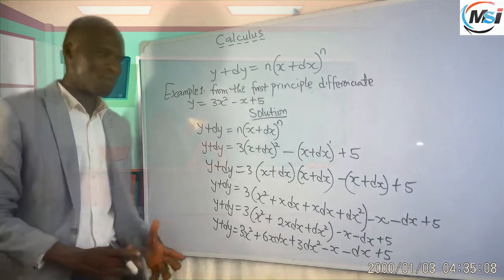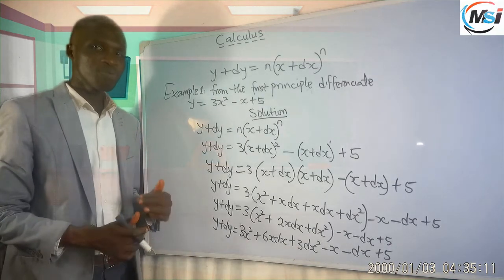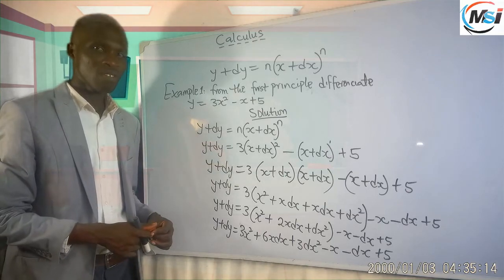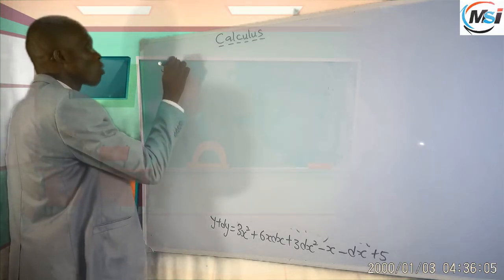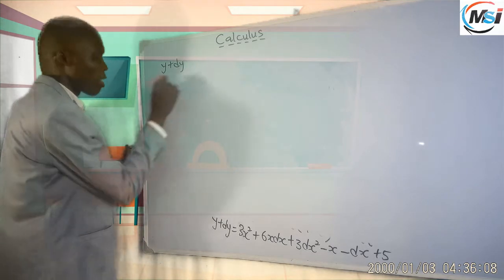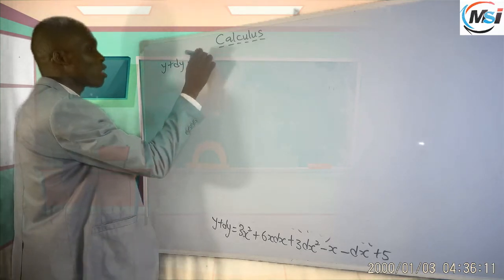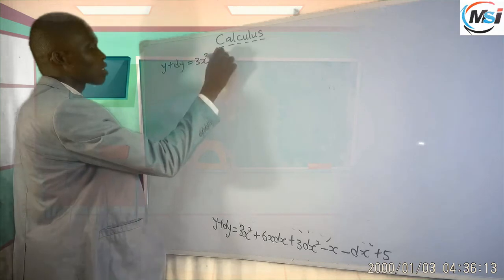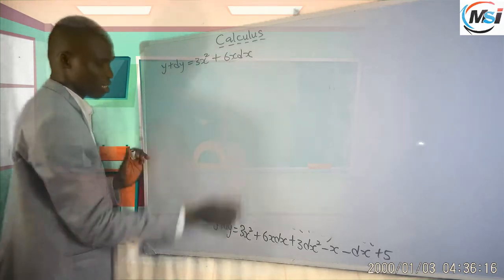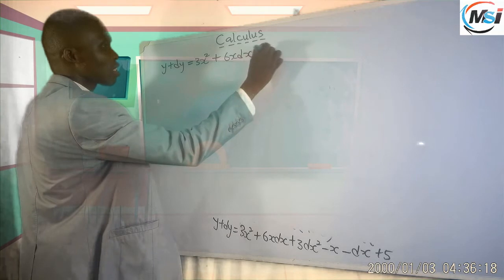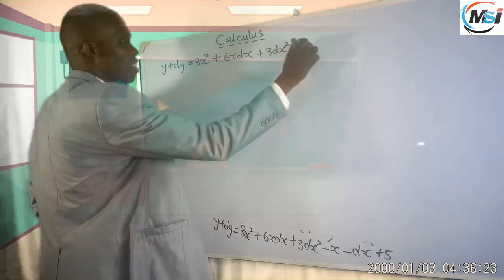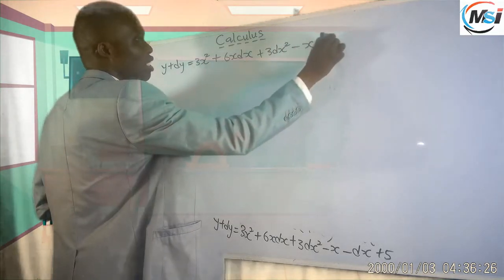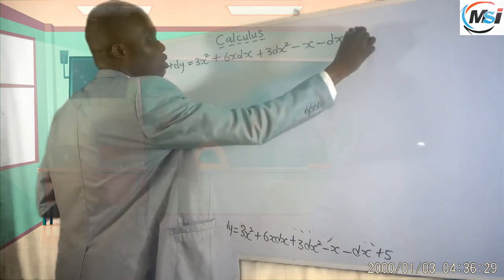You can see that my board is filled up. So let's continue from here. The last we have here is y plus dy equals 3x squared plus 6x dx plus 3 dx squared minus x minus dx plus 5.